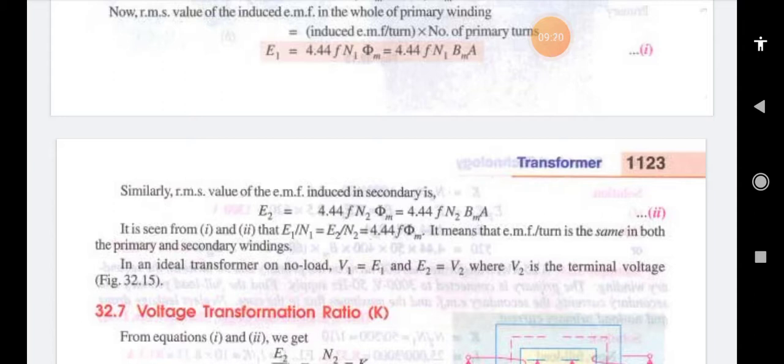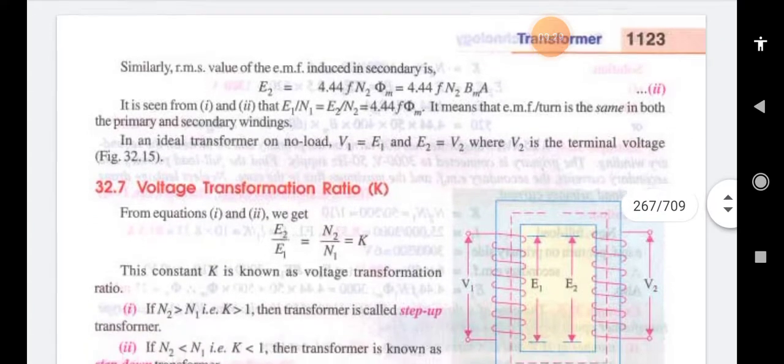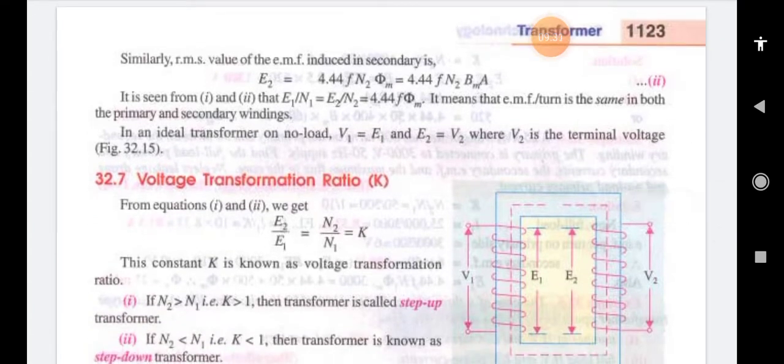Now, it means that the EMF per turn is the same in both the primary and the secondary winding. So, in an ideal transformer on no load, V1 is equal to E1 and E2 is equal to V2, where V2 is the terminal voltage.